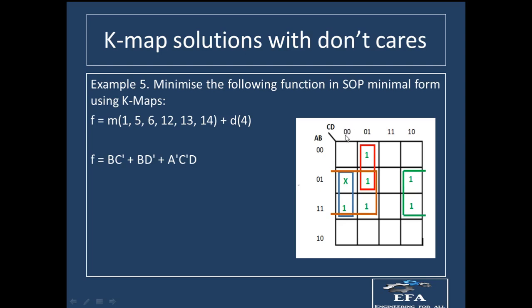So this 0 0 and this 1 0, so we will be having d complement from here. So b from here and d complement from here, so we'll be having b d complement. So this is our final expression after using the don't care, and after making the groups and simplifying them. So this is how the don't cares are used in the expressions.